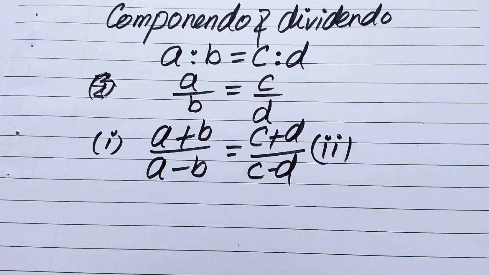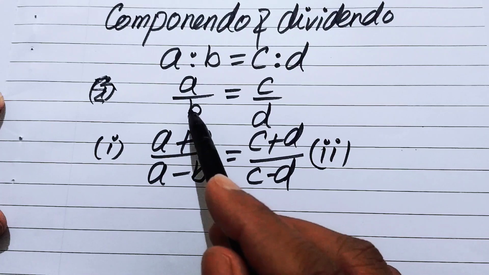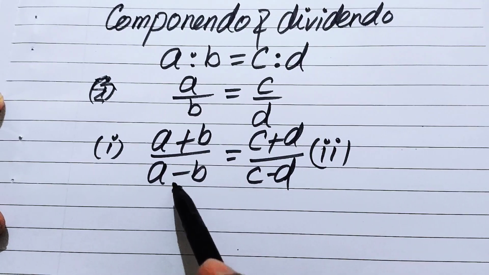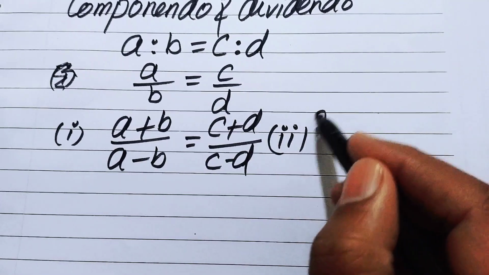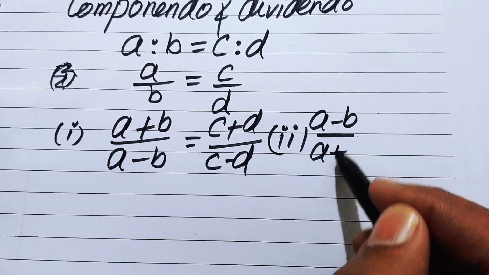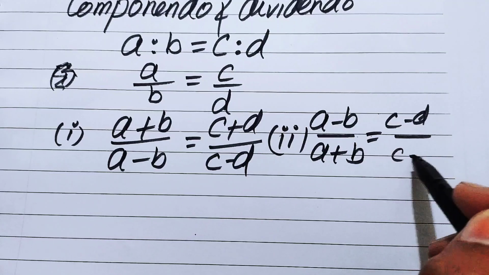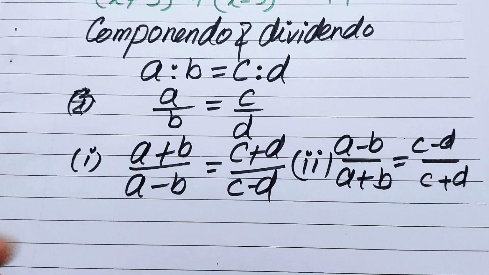Similarly, we can write the theorem in another way: (a−b) over (a+b) equals (c−d) over (c+d). So this theorem has these two parts.